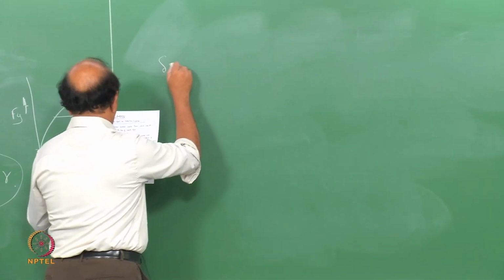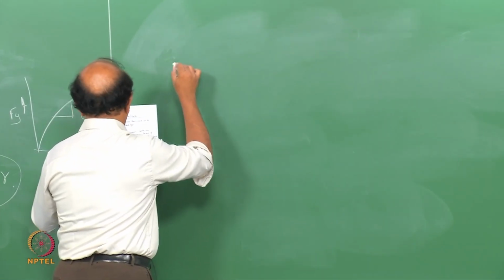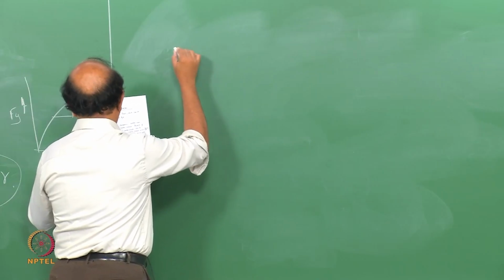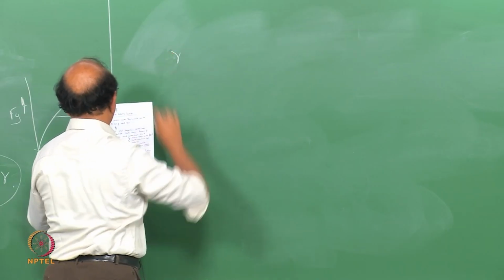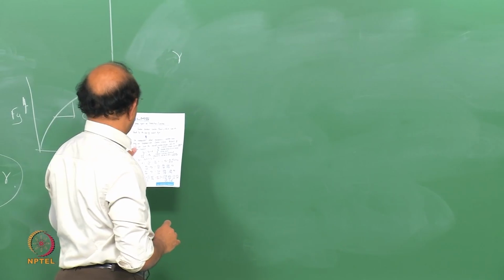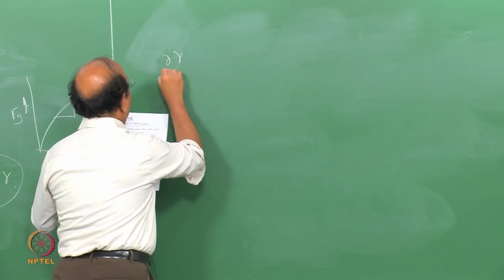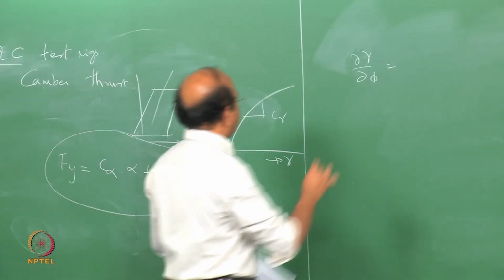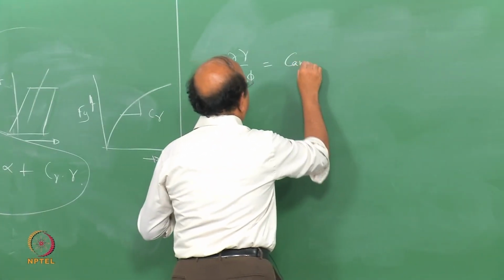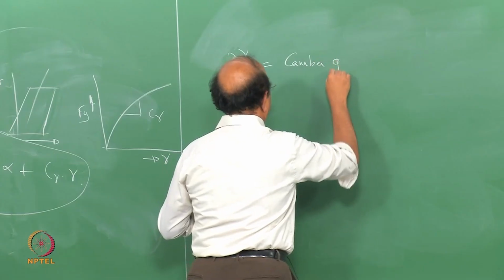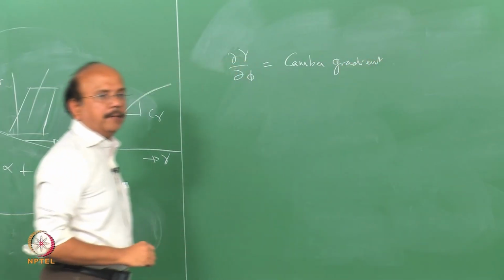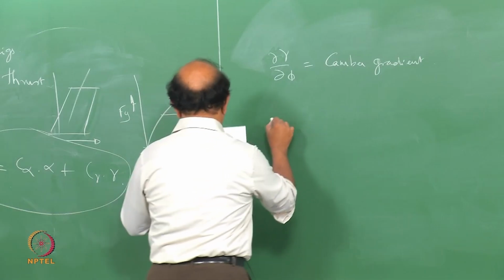So let me introduce a term. Let's say that gamma is the camber angle. So let me call dou gamma by dou phi the camber gradient.